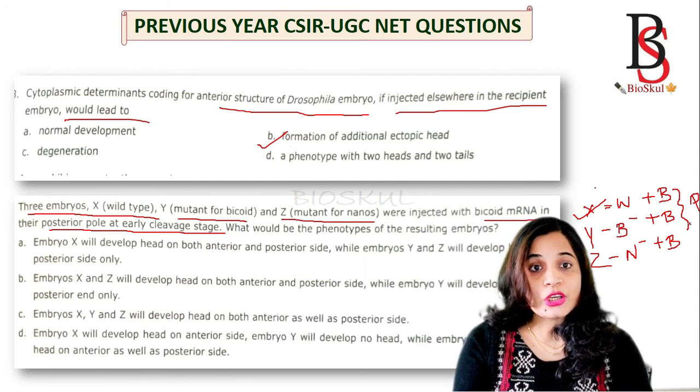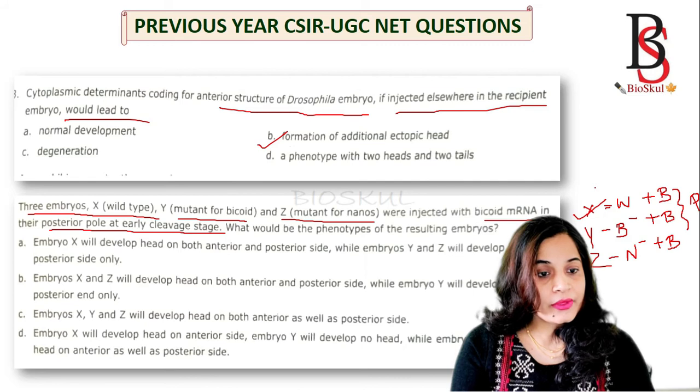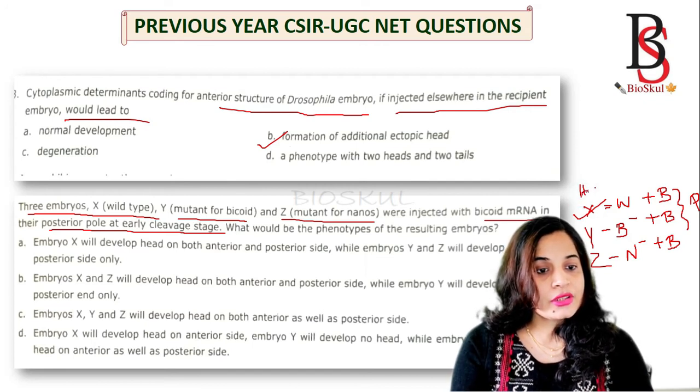But at the posterior end, as the bicoid protein is injected, it will develop the head. So in the Y embryo, the head will develop at the posterior end. But in X, the head is present both at the anterior as well as at the posterior end.